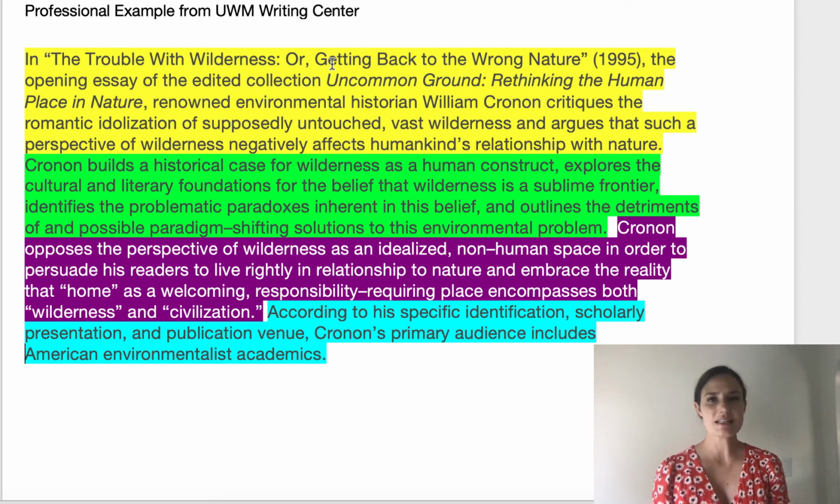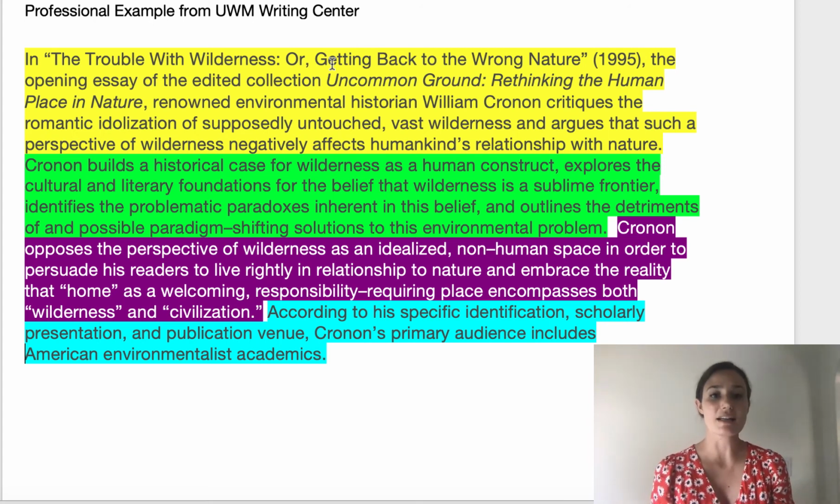So this sentence is supposed to tell the reader who the audience is. So to whom is Cronon writing? And that can be difficult to figure out, but the fact that the writer of this précis says, well, he's writing in a scholarly venue, his word choice is sort of academic, suggests that he's writing to other professionals. He's not just writing to anyone. He's not writing to a general audience.